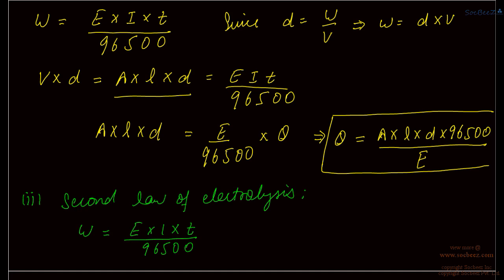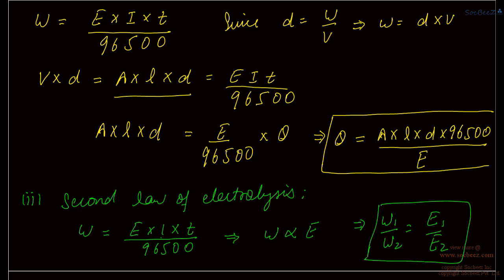the I amount of current is passed for T amount of time through two different metals, and hence we know that I and T both are the same for both of the metals. So from here we get W is directly proportional to the equivalent weight of that particular metal, and hence the amount of metal which will be deposited will be proportional to its equivalent weight, and from here we can say that W1 upon W2 equals E1 upon E2.